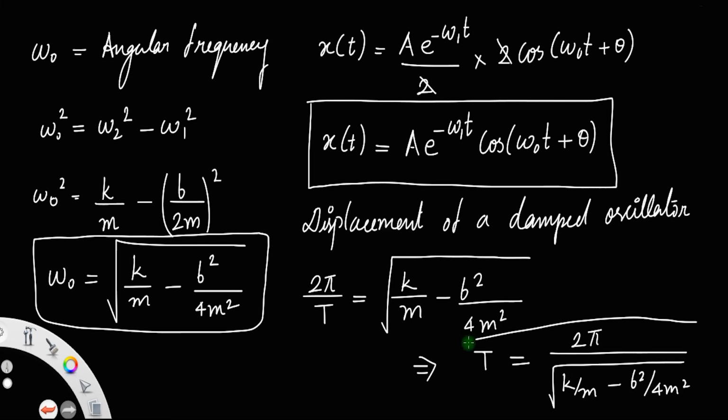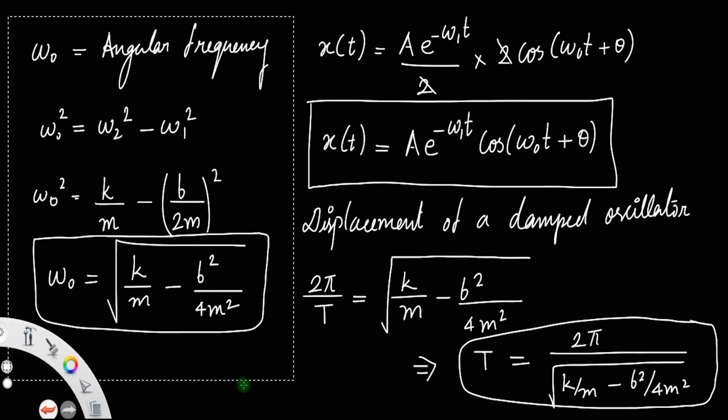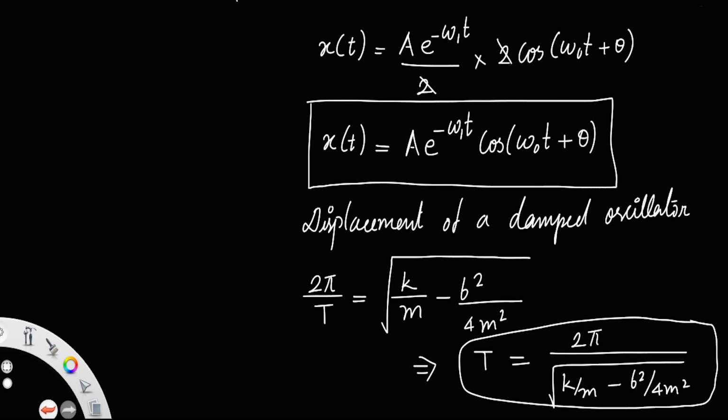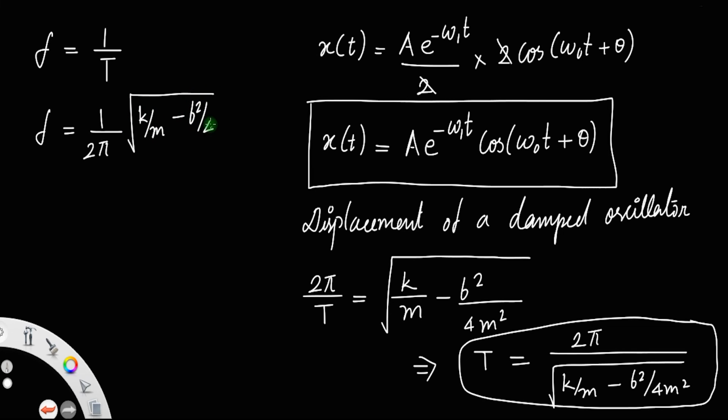So this is the expression for the time period. And the reciprocal of the time period is the frequency. So frequency f is equal to 1 by T, that is f equal to 1 by 2 pi times the root of k by m minus b squared divided by 4m squared. So this is the frequency.